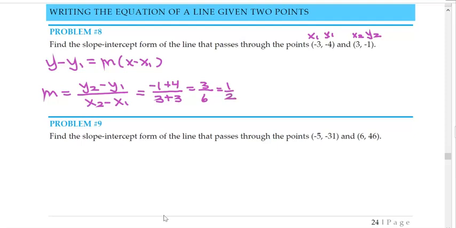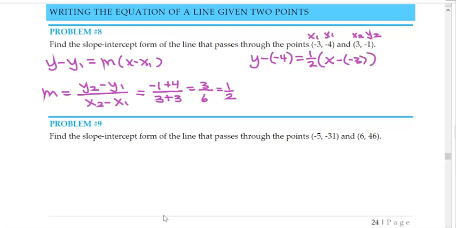Okay, so I found my slope is 1/2, and I have a point over here. So let's go ahead and use this point-slope formula now to write an equation of a line like it wants us to do here. So y minus a -4 equals m, which we found to be 1/2, times x minus a -3.